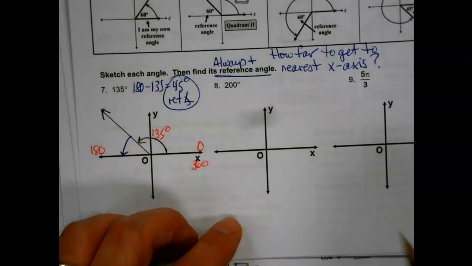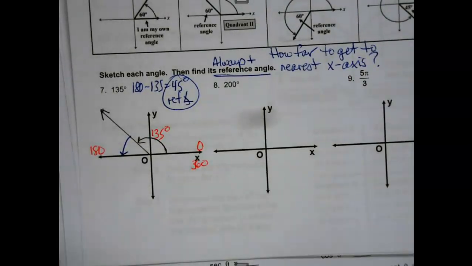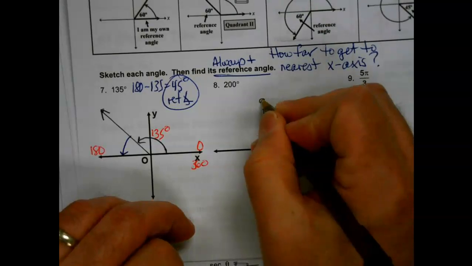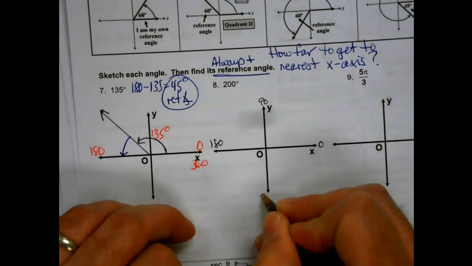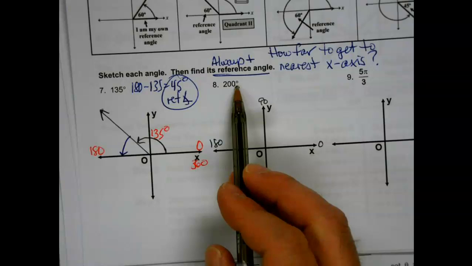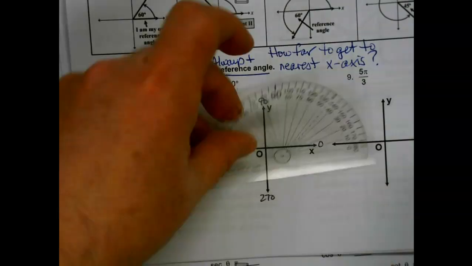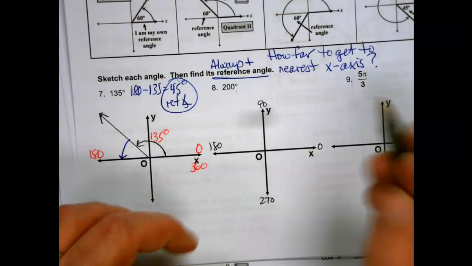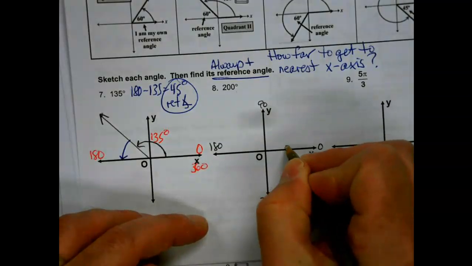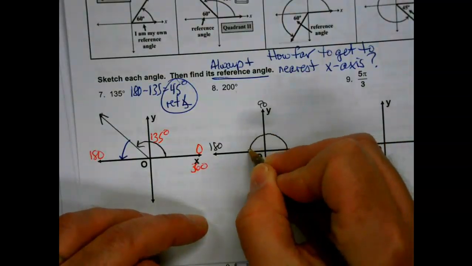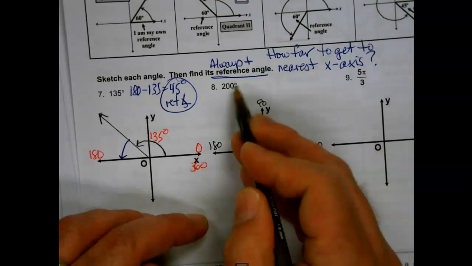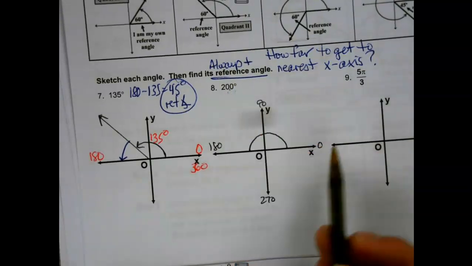So our main job here, let's see here. Oh, I'm going to set myself up. That's okay. 200 degrees. Okay, that's not on this. So, we're going to start. So we got 90. We got 180. But I need another 20 to get to 200.